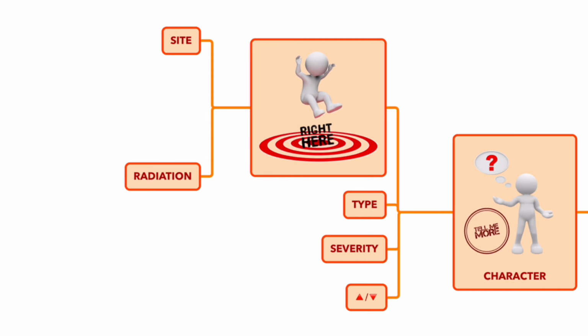Next part is the extra knowledge, which is not related to time. We need to analyze the character of the complaint or symptom. We need to know the site of the symptom, and does it radiate to other places.